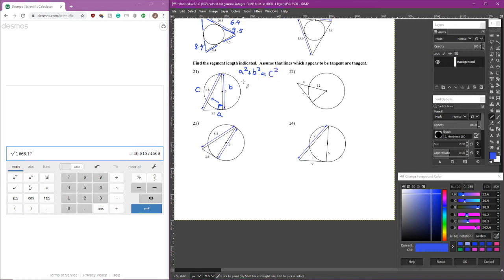Okay, 3.2 will go in for A, and we square it. The B is what we are trying to find, so we'll leave it as the variable, B squared. The C is 6.8, and we'll square that.